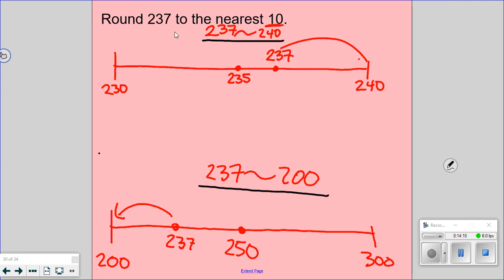Raise your hand if you thought rounding to the nearest 100 was better. Raise your hand if you thought rounding to the nearest 10 was better. I want to hear your thoughts. I have lots of 100 fans.